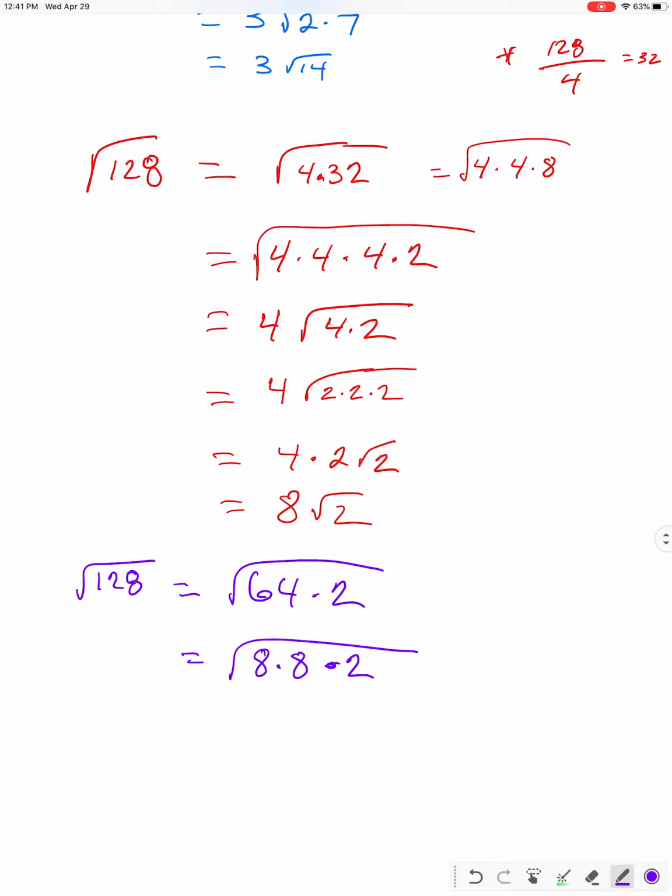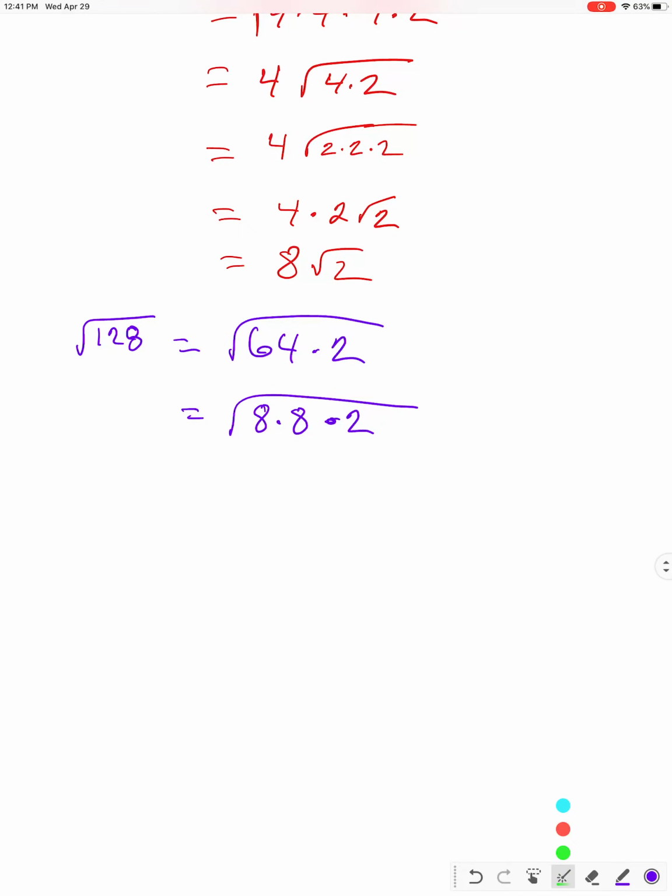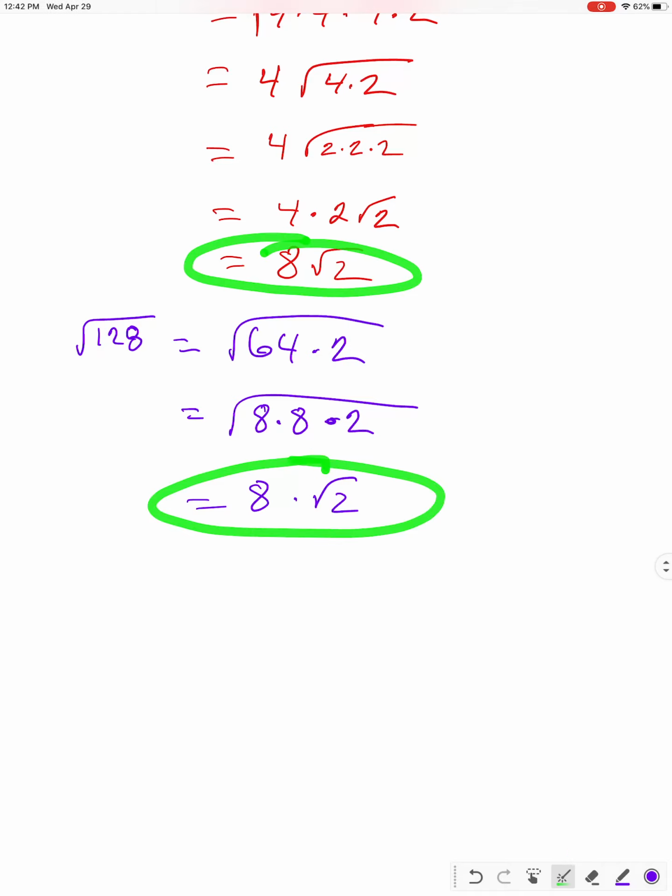Take the square root. So then when I have 8 times 8 underneath the square root, then that's equal to 8 times the square root of 2. And you notice the second way was just faster, and I got the same exact answer.